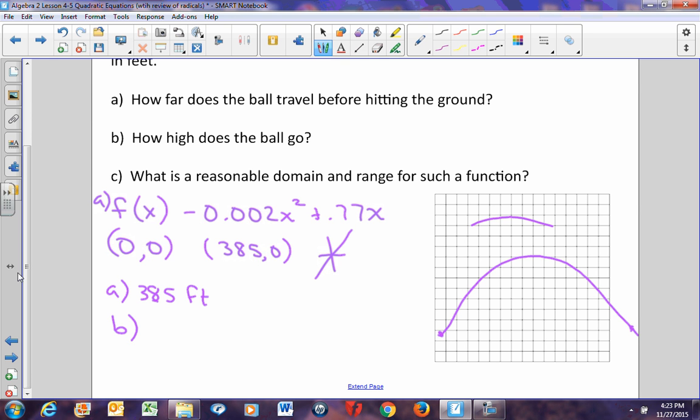Now that I know 0, 0 is the starting point and the ending point is 385, 0, and the highest point is in the middle, what's half of 385? We divide 385 by 2, and you get 192.5.